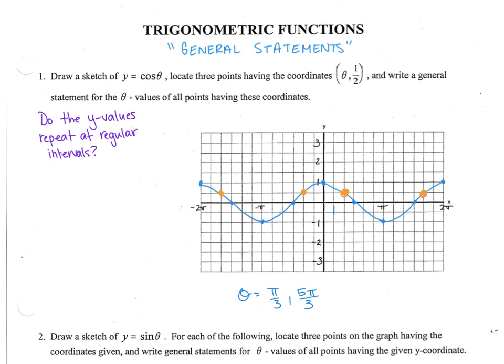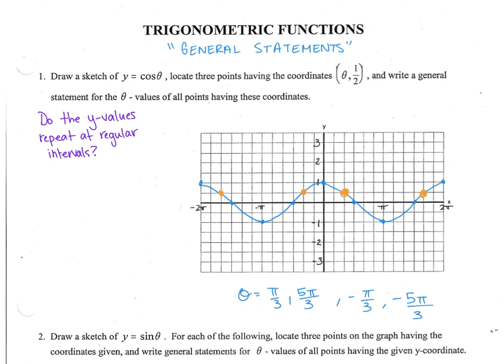And then I could also give negative values. Theta could have been negative pi by 3, or we see that at negative 5 pi by 3. So those would be all values of theta that we see on these two rotations for angles that produce a y value of 1/2.